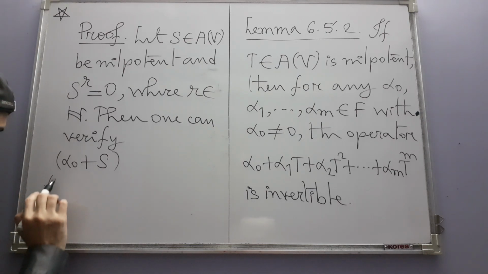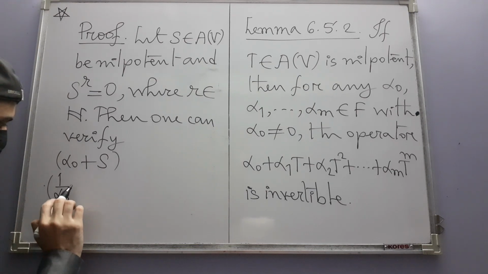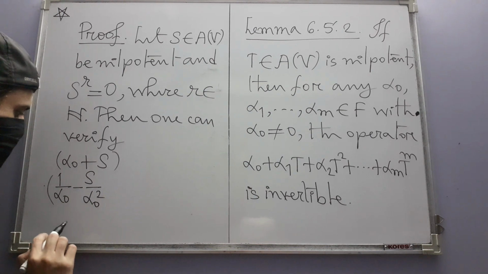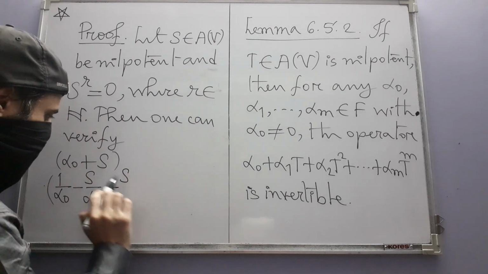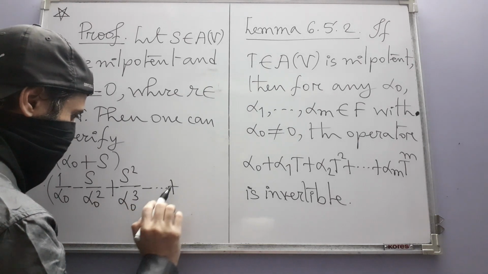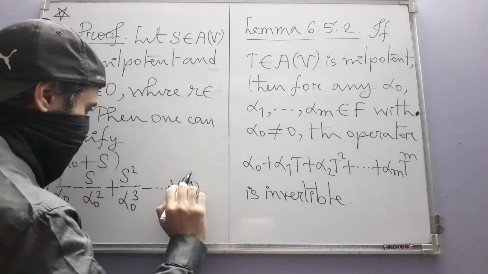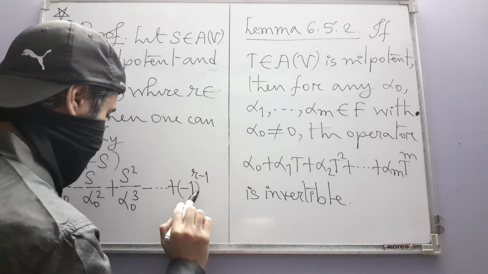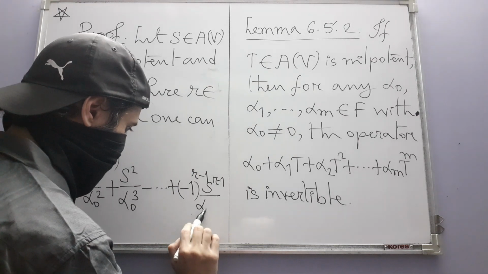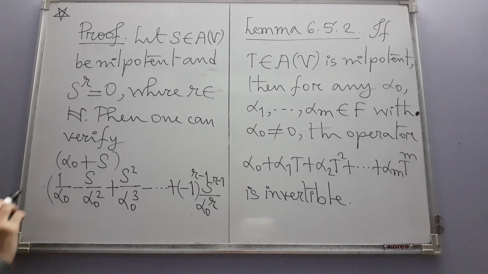So let me write here 1 over alpha naught minus s over alpha naught square plus s square over alpha naught cube minus and so on plus minus 1 to the power r minus 1 s to the power r minus 1 divided by alpha naught to the power r is equal to 1. 1 is of course the identity operator.